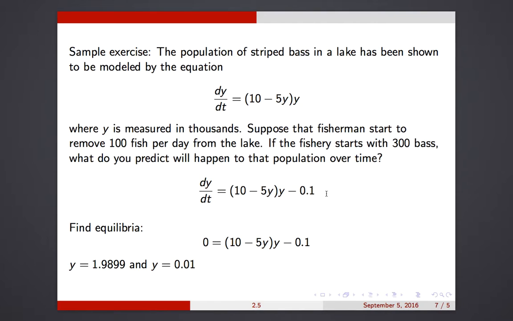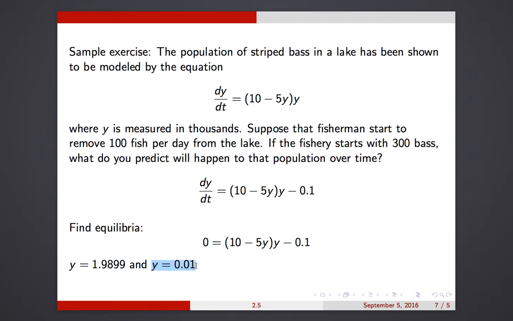So if you want to analyze this, again, recall that the upshot of this section is that if you want to know about that DE, you can now find the equilibria and classify them. So finding the equilibria means substituting 0 in for y prime, solving the resulting quadratic. I skipped that because you are supposed to know how to solve quadratics. You can just use the quadratic formula or whatever. And now we have two new equilibria.